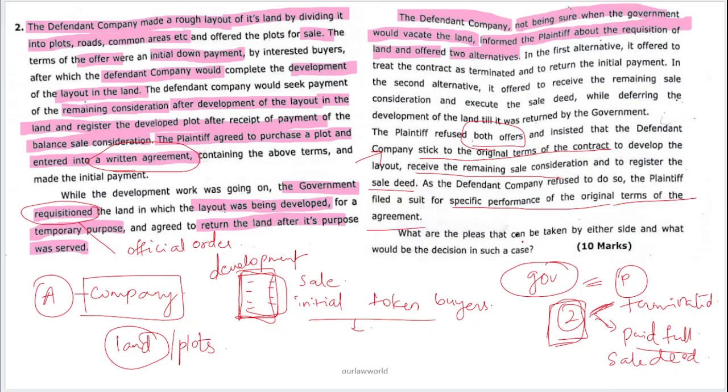So what are the pleas that can be taken by either side, and what is the decision in such a case? So this is our question. Hope you understood our question. We'll just explain it once again. A is a company which is giving plots for sale. All the buyers came to take this contract into consideration, and they paid the initial token amount.